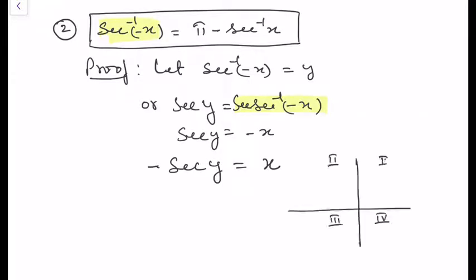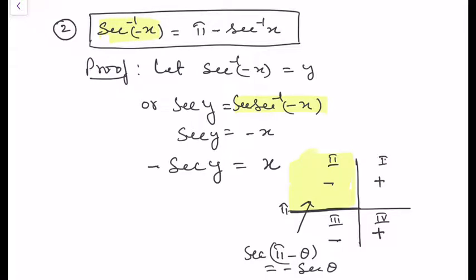Now sec is positive in the first and fourth quadrant, and it is negative in the second and third. So in the second quadrant, the angle will be pi minus theta. So sec pi minus theta will be minus sec theta.